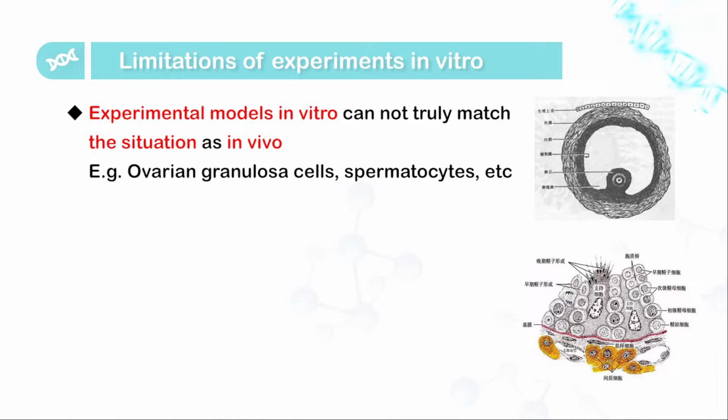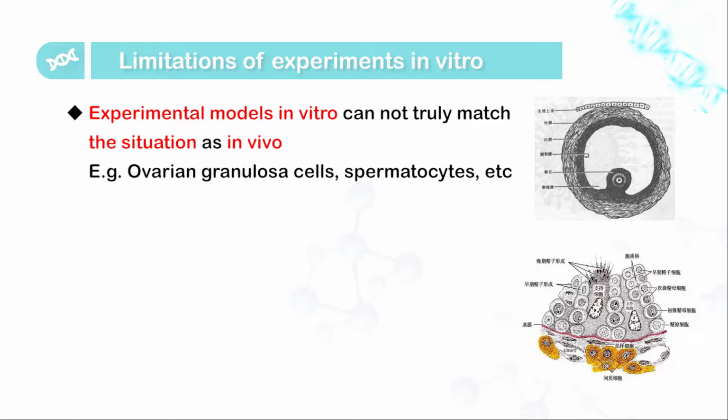In vitro models often cannot reflect the real situation as in vivo. For example, cultured ovarian granulosa cells are luteinized granulosa cells, and cannot accurately evaluate the effect of the target gene on follicular development and ovulation.